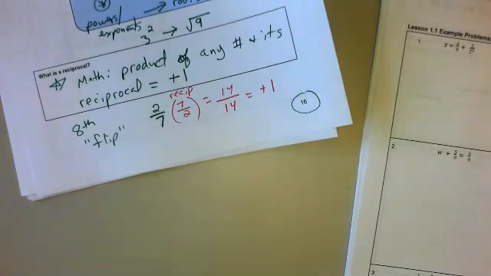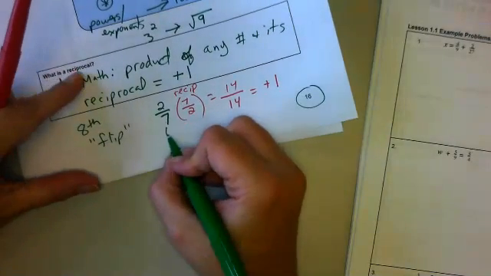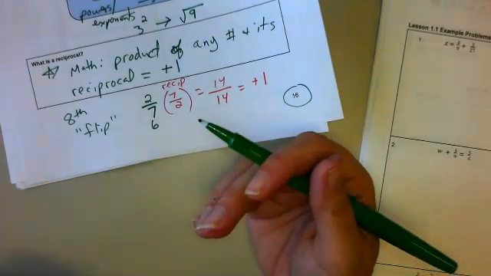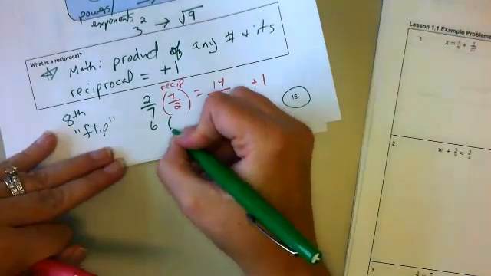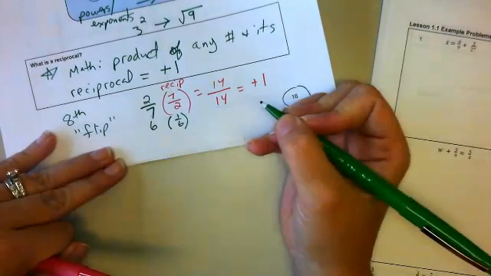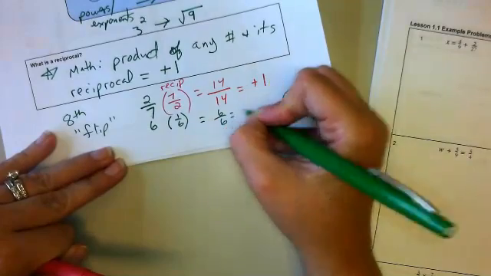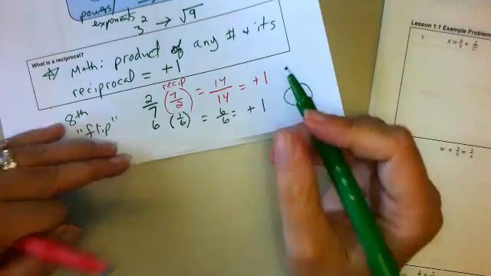Maybe we have something that always messes people up. If we have something like 6, you can always put a number over 1, right? So the reciprocal of 6 would actually be 1/6, which equals 6 over 6, which equals a positive 1, okay?